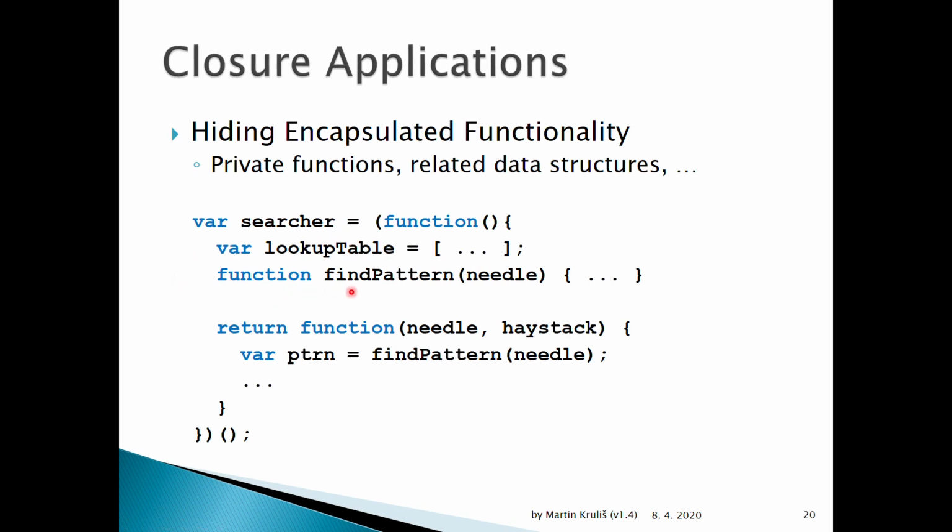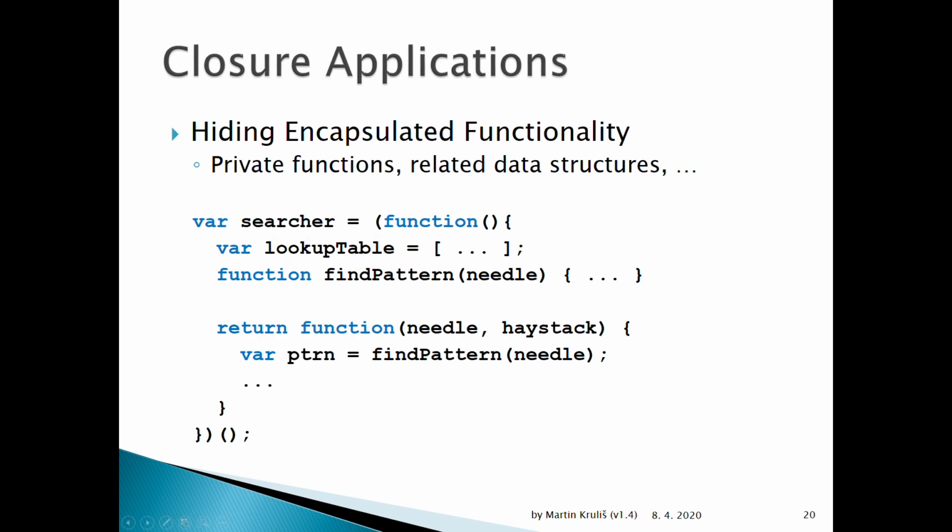These variables and this local function are meant to be used only inside the execution context of this function. So this is the hidden stuff which shouldn't be accessible from the outside, and what's returned outside is this function which actually is the interface for whatever is inside this hidden scope, and this function is kind of a lookup function that uses the internal find pattern function over here to find something in this lookup table.